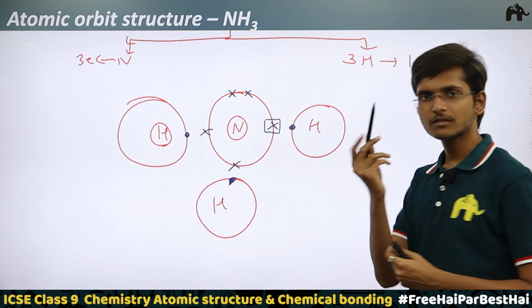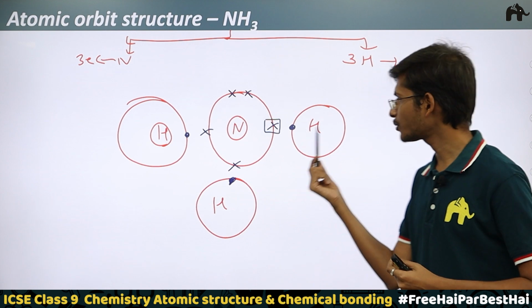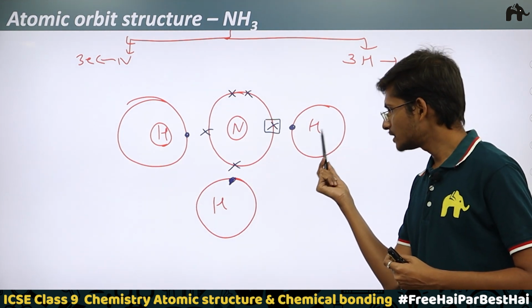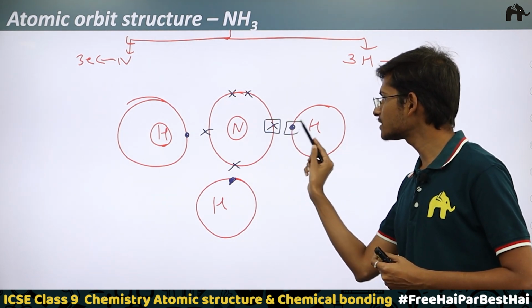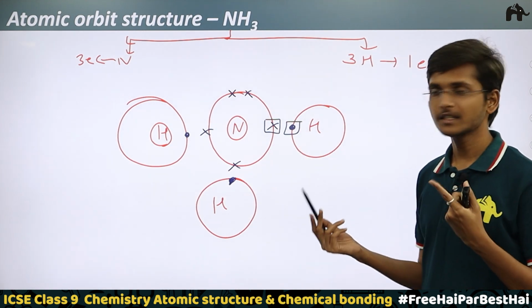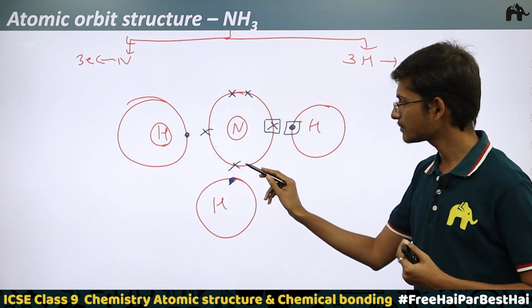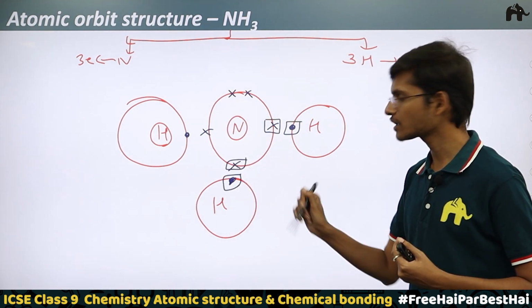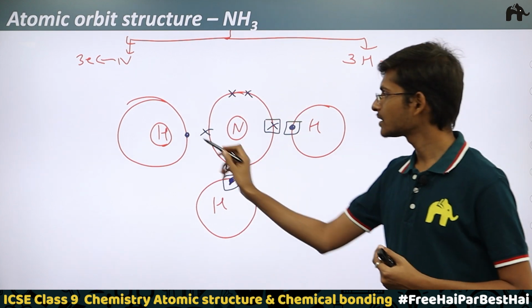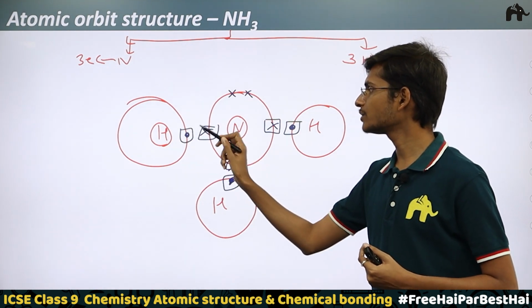Just pay attention to the tip of my pen, which I'm pointing to. Then this hydrogen atom is sharing this electron with this nitrogen atom. Same story for this nitrogen atom and this hydrogen atom. These 2 electrons are being shared, respectively, of each atom.